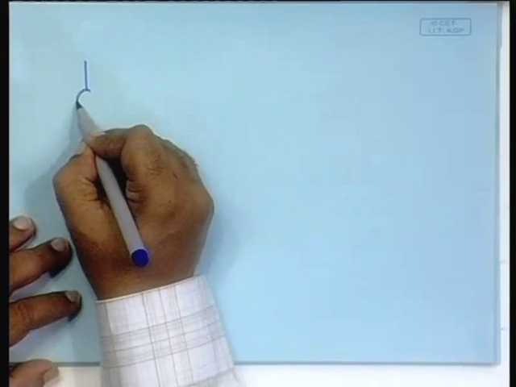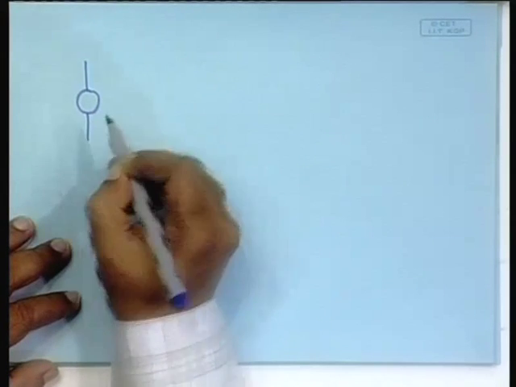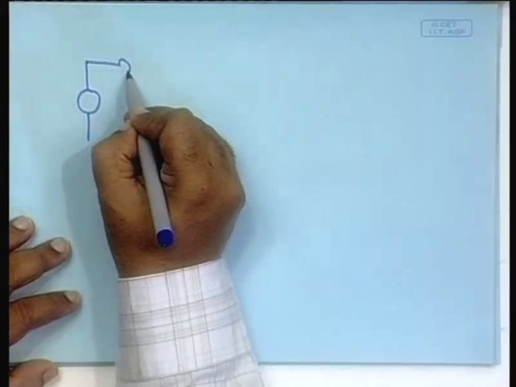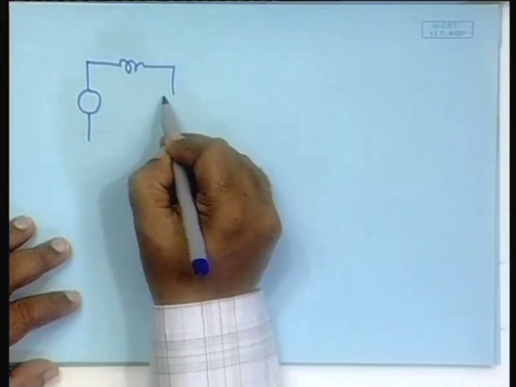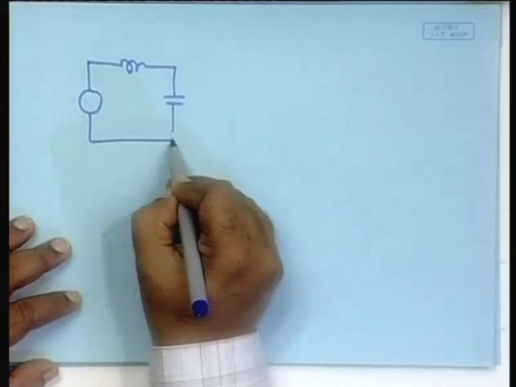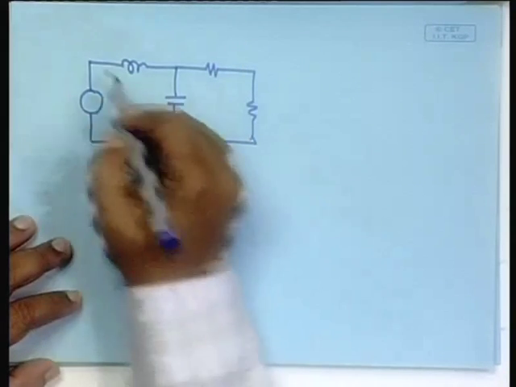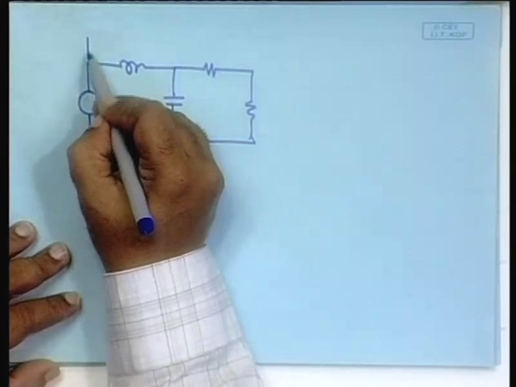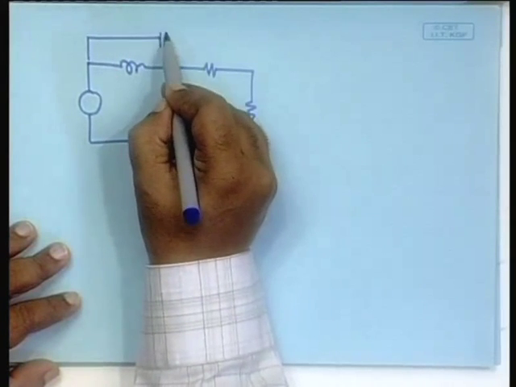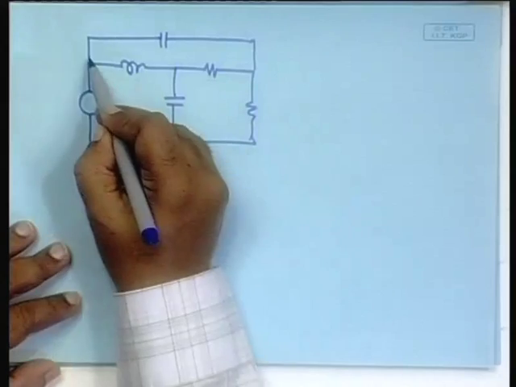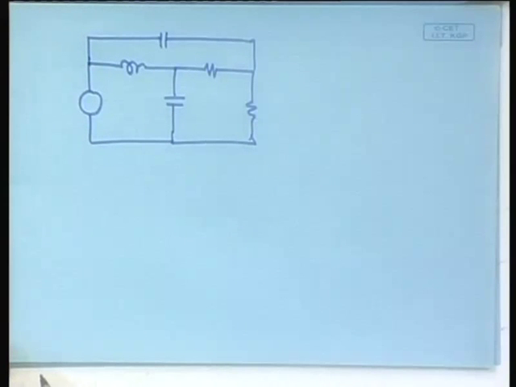The same example that we were doing, the 3 loop example, it is an E, then an inductor, then a capacitor, then a resistor, another resistor here, and is it visible? Yes, a capacitor here. Fine.